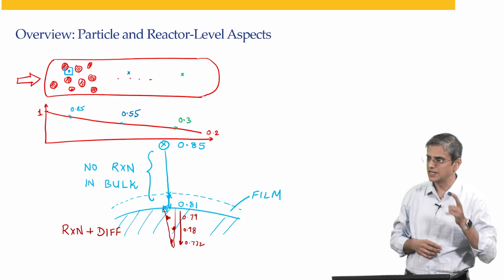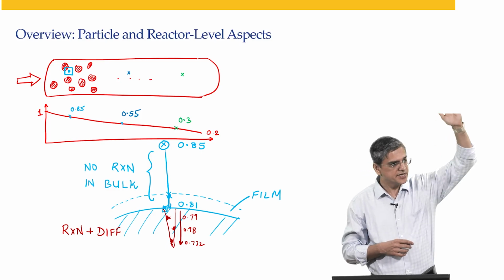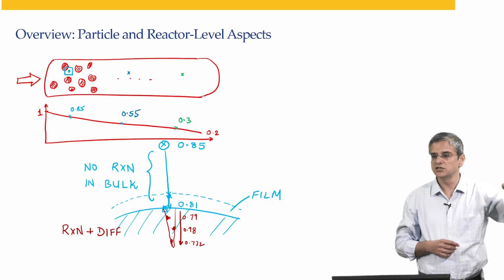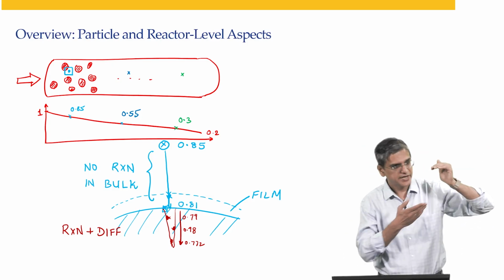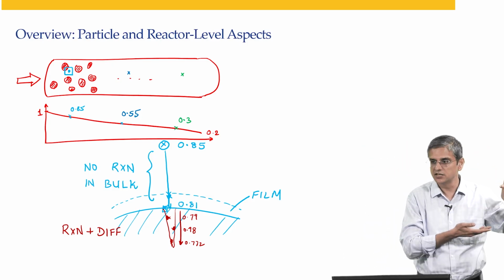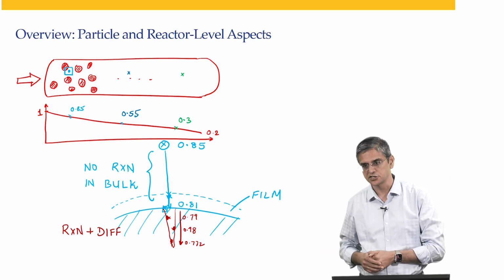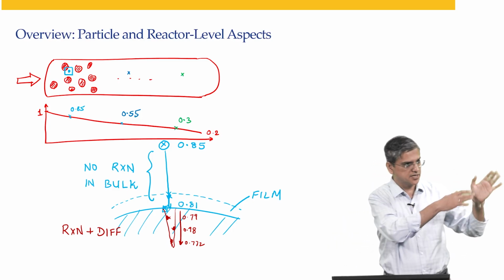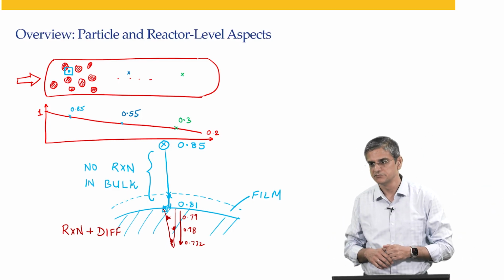Difference number two, and that is another quite significant difference, is in the bulk, external diffusion is taking place without reaction. In the catalyst particle, the diffusion is taking place accompanied by reaction. So, there is no reaction taking place in the bulk, there is reaction taking place in the catalyst surface.